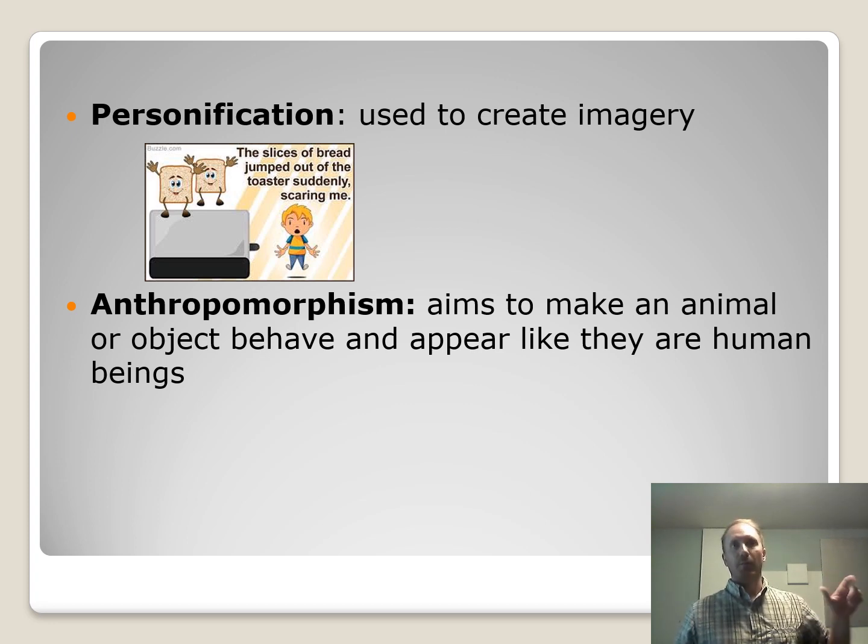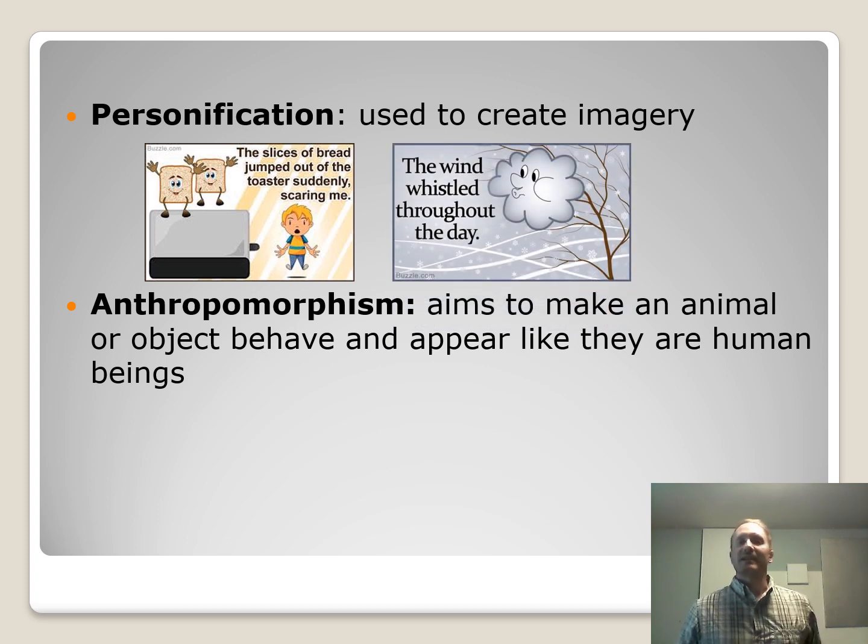That's an anthropomorphic type of thing. Or we see the example, the wind whistled throughout the day. Again, we're giving that action of whistling to the wind. That's a human quality, a human action, but we're not actually making the wind self-aware. So it's used to create imagery.